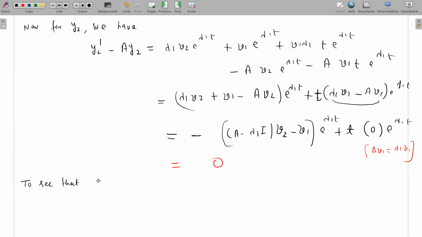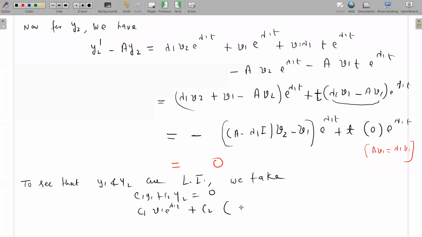One more step you need to do. You need to check that y1 and y2 are linearly independent. So we take the linear combination c1 y1 plus c2 y2 equal to 0. So c1 v1 e power lambda 1 t plus c2 times v2 e power lambda 1 t plus v1 t e power lambda 1 t equal to 0.